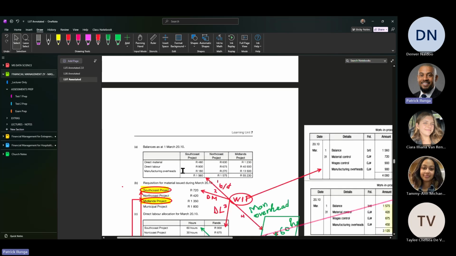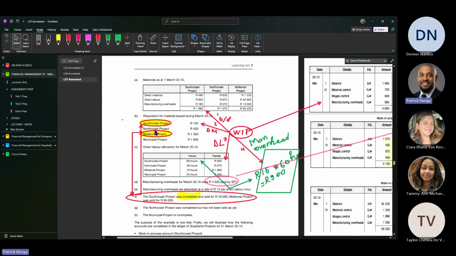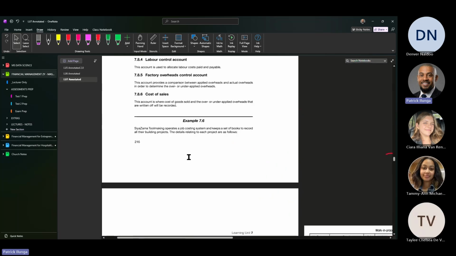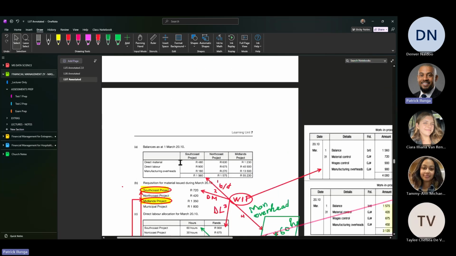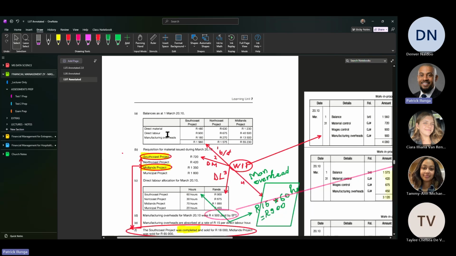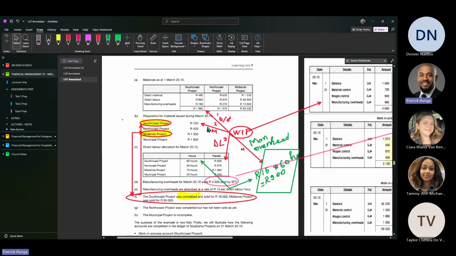But what I wanted to tell you is this example here. It has 4 projects, as you can see. What is interesting is that at the beginning, they only provide you the balance of 3 projects. Remember the balance is at the 1st of March.